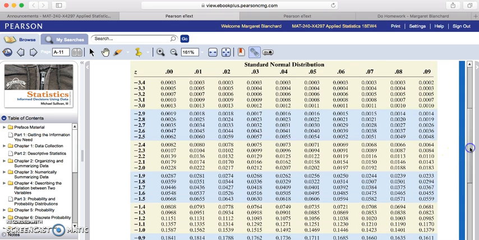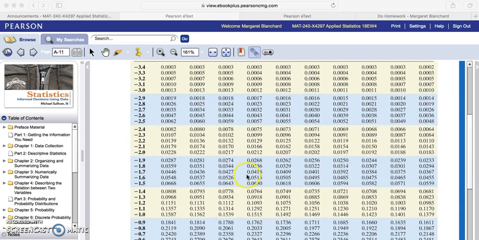So let's see, 0.05. As you can see here, we have 0.0505 and 0.0495. Those are equidistant from 0.05, so we would take the average of the two.